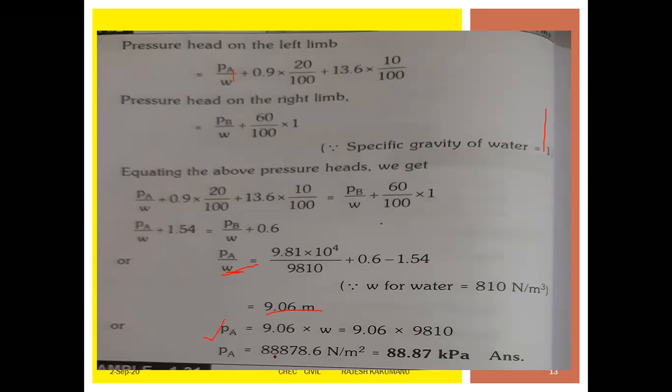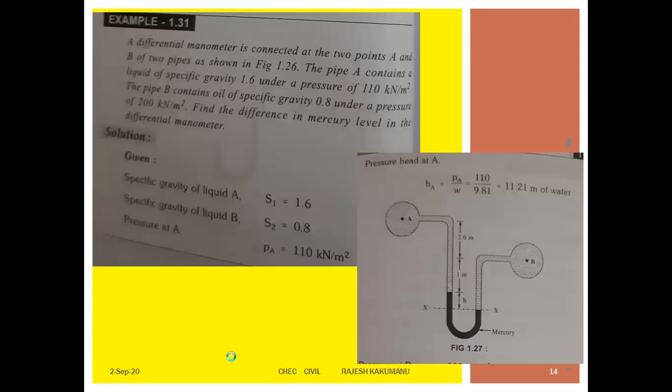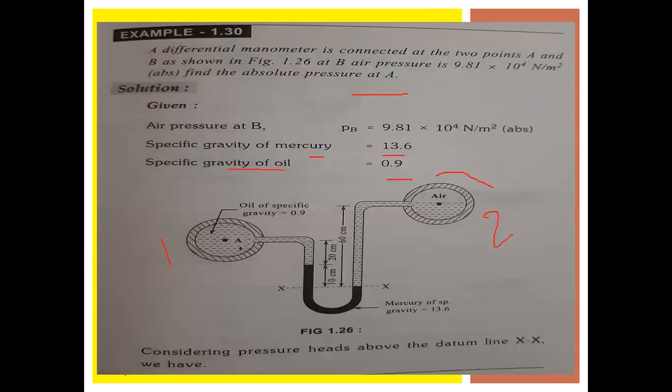Substituting these values, we are getting 88.2 kilopascal. So that is the atmospheric pressure, PA.